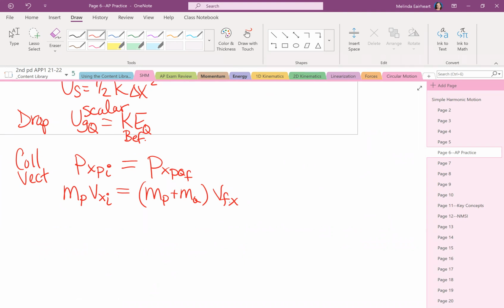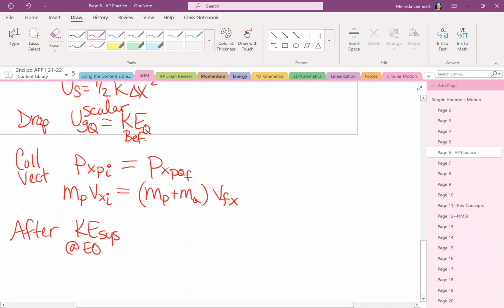Okay. And so after the collision, we got our two blocks. We're going to have this kinetic energy of the system, because remember, it drops at equilibrium. And so this is at equilibrium.